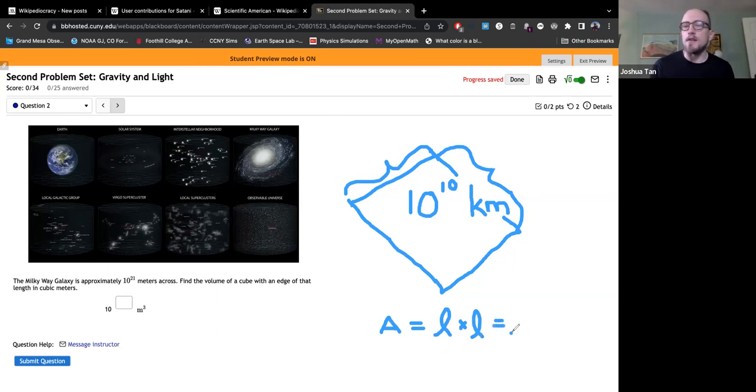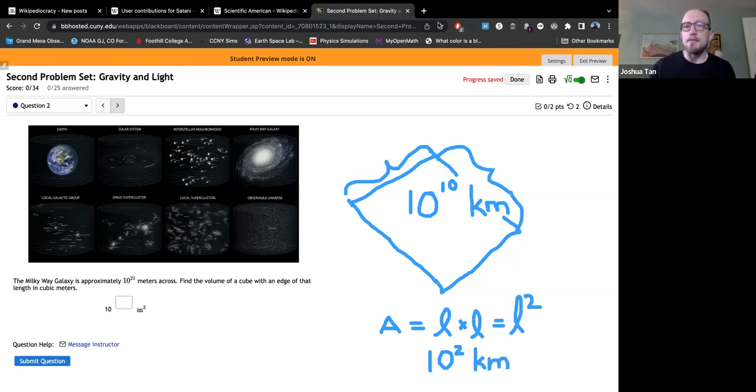That would be the area of a square that had, in this case, a side that was 10 to the 10 kilometers. Well, I can do this by using some of the tricks I know for exponent rules. And we'll be using these tricks a lot in this class. So this is a nice way of getting familiar with how these tricks work.